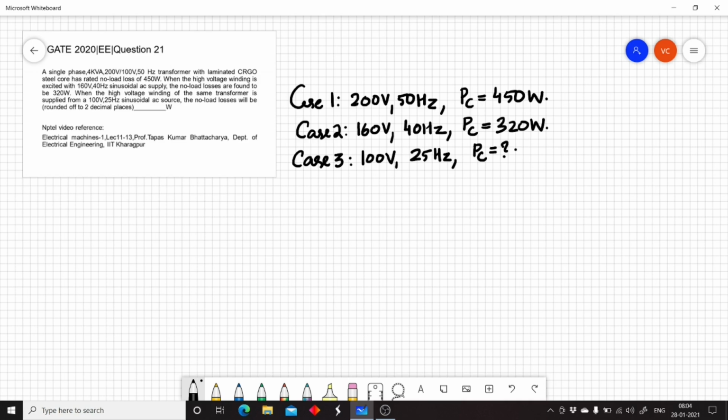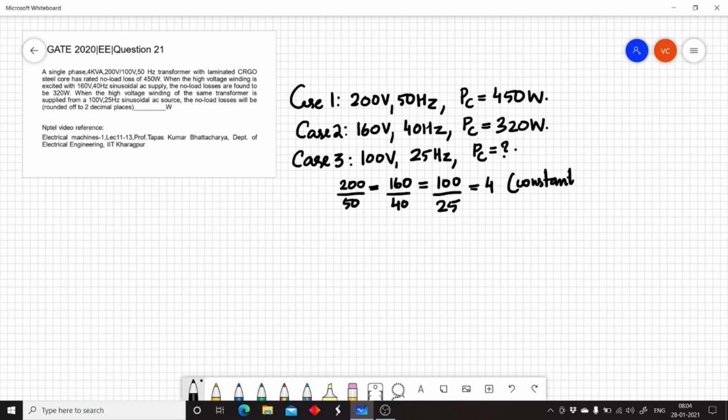So if you see case 1, case 2 and case 3, the ratio of applied voltage to frequency, that is 200 to 50, which is equal to 160 to 40, which is equal to 100 to 25, which is equal to 4, a constant value.